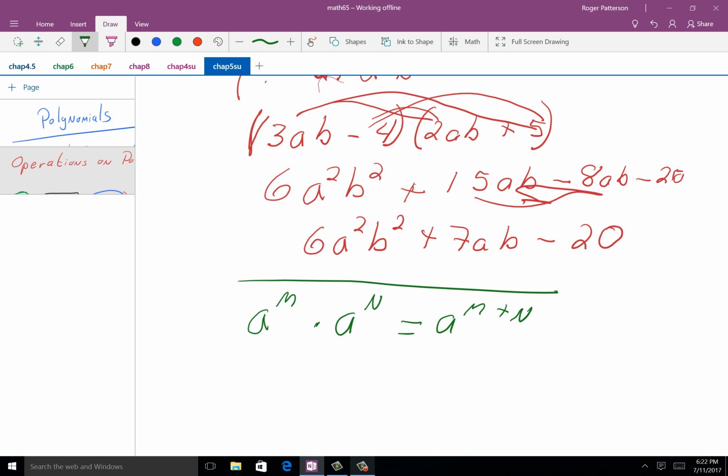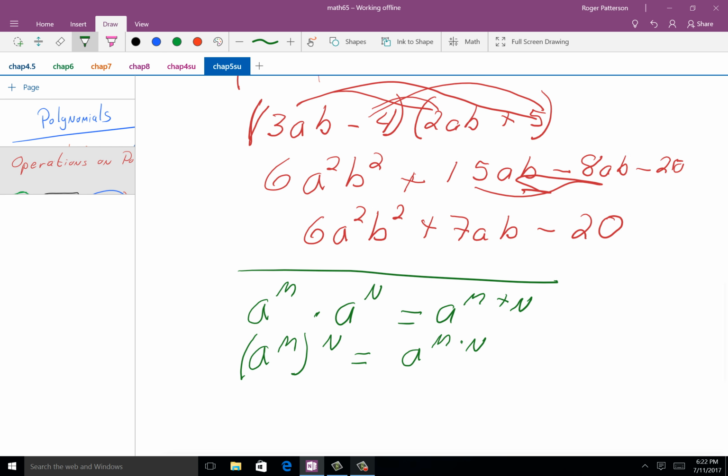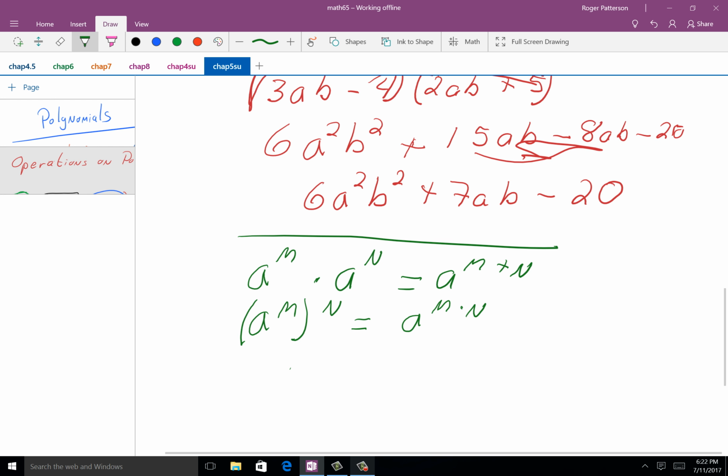And then we had one that was a to the m to the n equals a to the m times n. And then we had one, a to the m over a to the n equals a to the m minus n. Did we do that one last week? Does anybody know that? You don't remember that one?